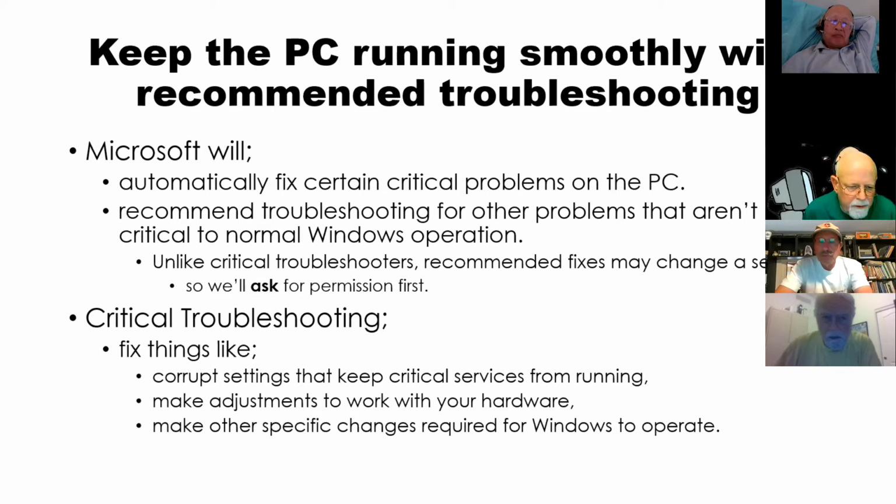And the pop-up will say, we need to make this change. Is that all right with you? But critical troubleshooting figures into making adjustments for hardware, keeping the critical services on your operating system running, and making specific other changes.